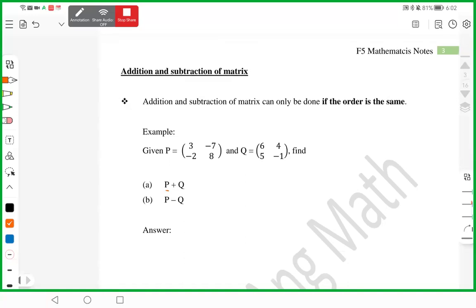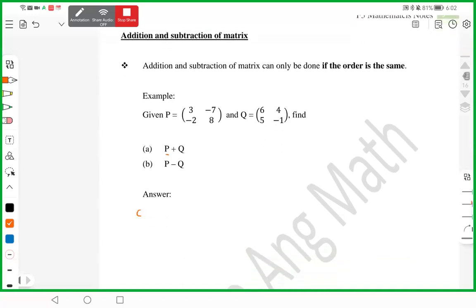So how to write: because the matrix is a group, we write all the elements in the group plus another matrix. Write properly like this, then we can add.